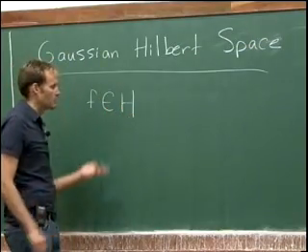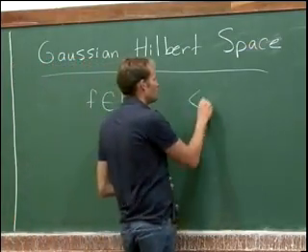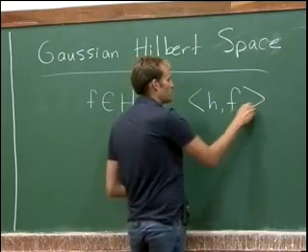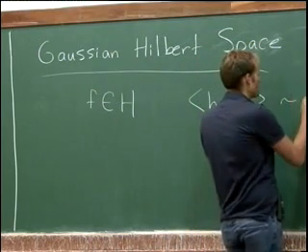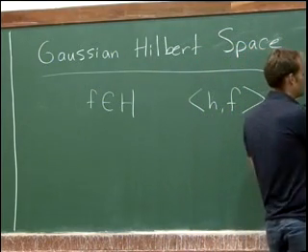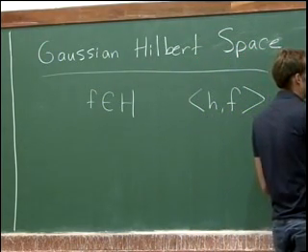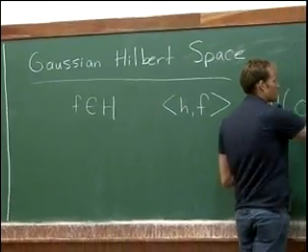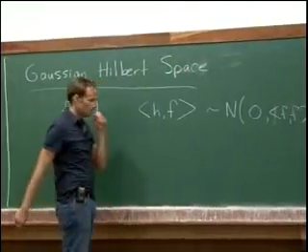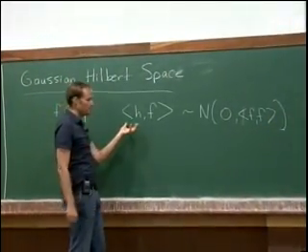For each f and h, you have some random variable, which is quite often written like the inner product of h and f, right? And this is some normal random variable, let's just say mean 0. And the variance of it is just the inner product of f with itself. That specifies the variance.